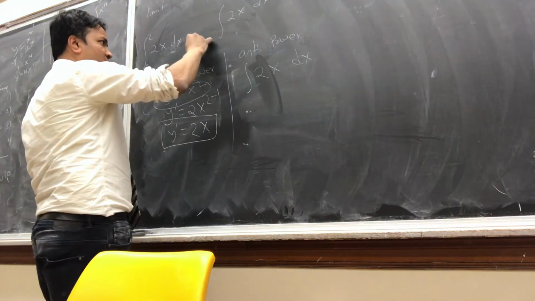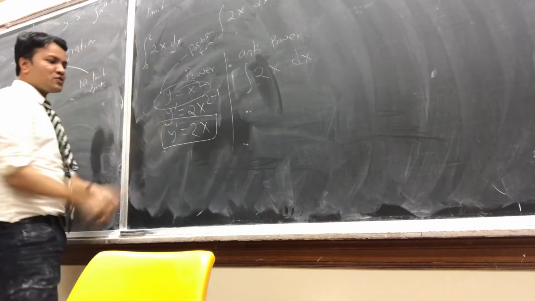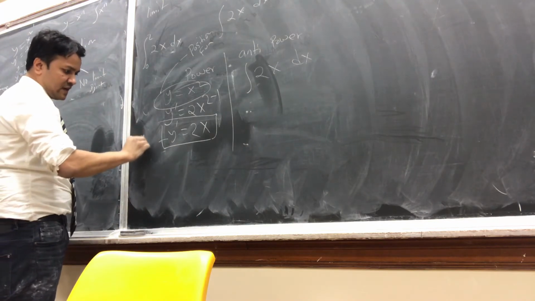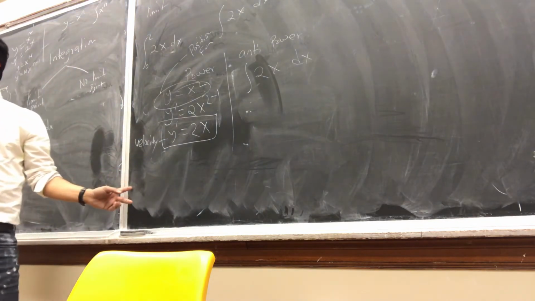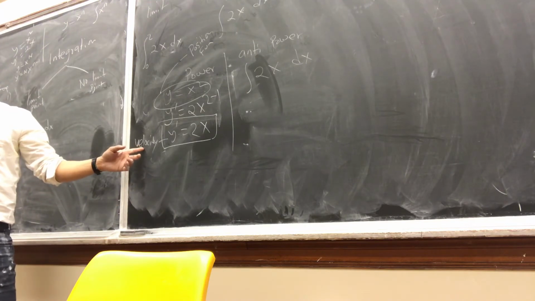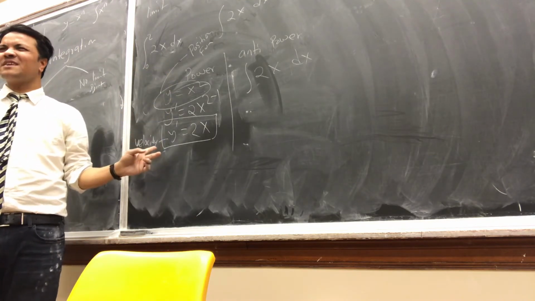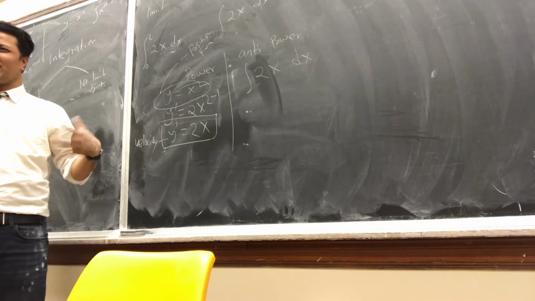If this is a position function, this is a velocity. You can take one more derivative, and that would be acceleration. You know what velocity is, right? Speed. So how does the position give us the speed through calculus? Something very, very magical.